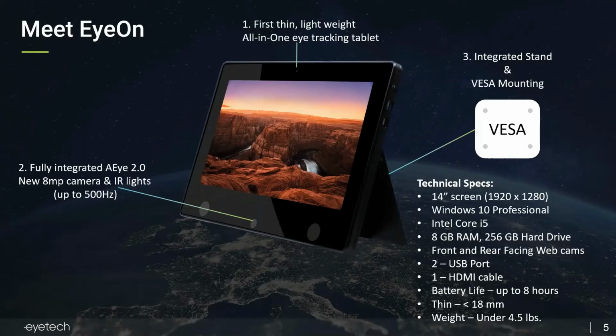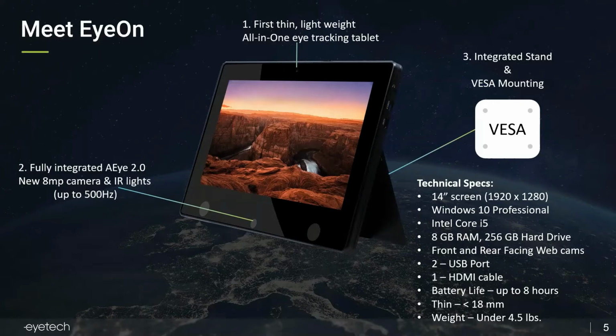This leverages our new AI 2.0 technology, which is our second generation eye tracking on a chip technology, same fixed hardware timestamp data quality, but with a higher resolution camera, 8 megapixels to be exact, and then the camera can go up to 500 frames per second for really high-end medical research grade eye tracking. You'll see this rolling out into more clinics and medical applications with some of our commercial partners as well.